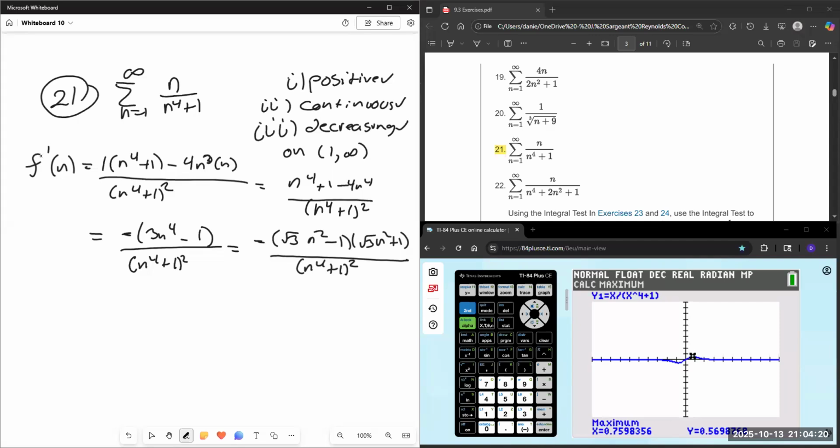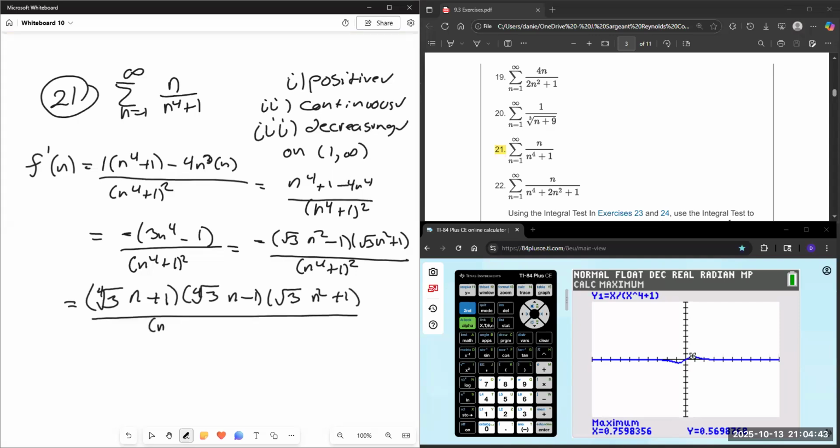That root 3n squared plus 1 doesn't factor anymore, but I end up with a fourth root of 3 times n plus 1 and a fourth root of 3 times n minus 1 times a square root of 3n squared plus 1 over n to the fourth plus 1 quantity squared.